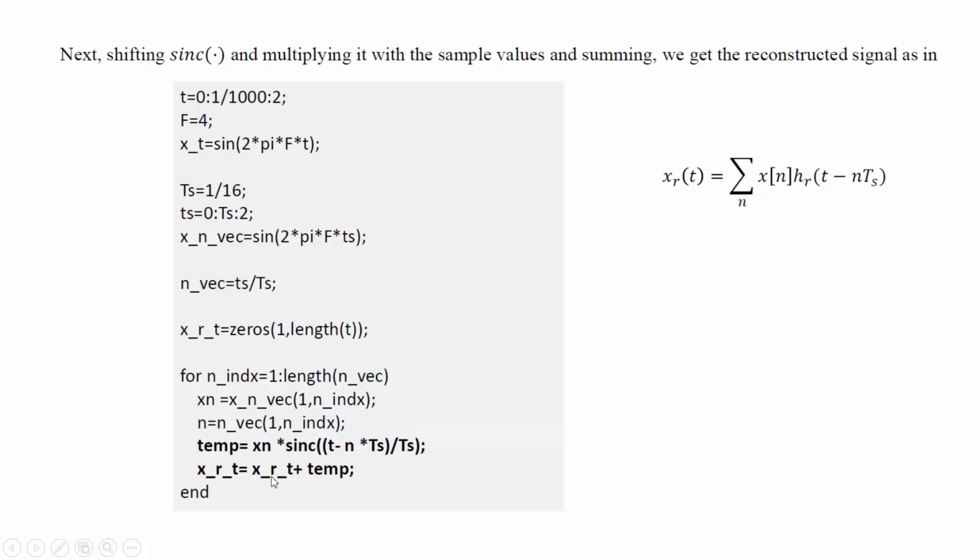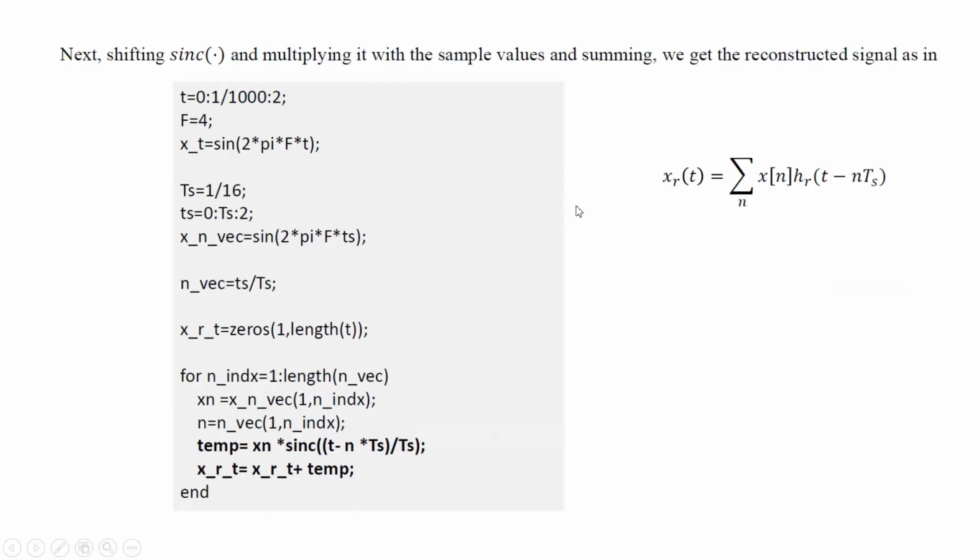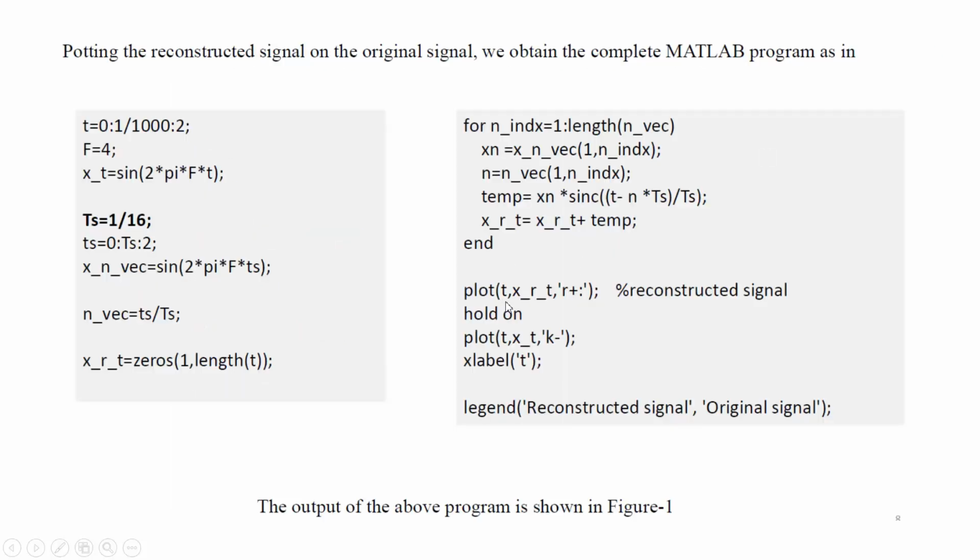All right, so that means we have implemented this formula, and after that we need to plot t versus xrt, where we have stored the calculated values. This is basically the reconstructed signal, and we will hold this plot, and this is my actual signal that was used for sampling.